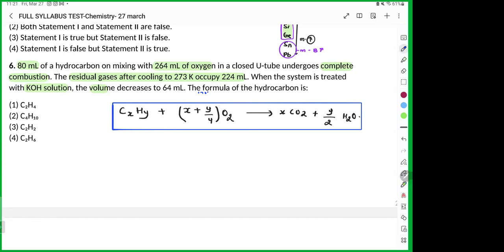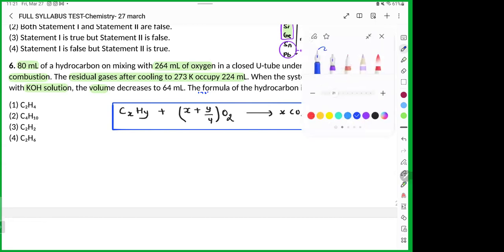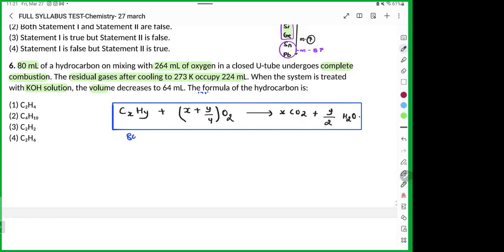80 ml of total hydrocarbon. So you have the CxHy value, when mixed with oxygen. This is 80 ml. This one is 264 ml. In a closed tube, complete combustion happens.